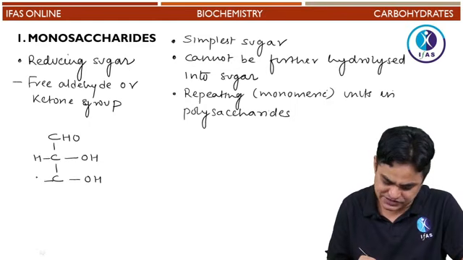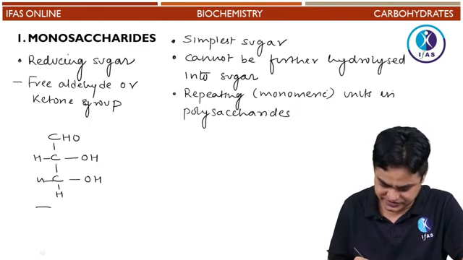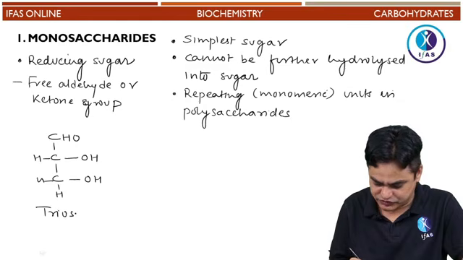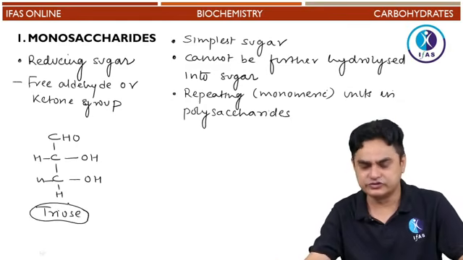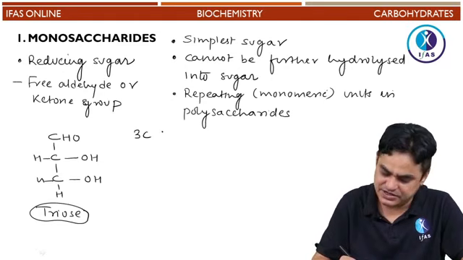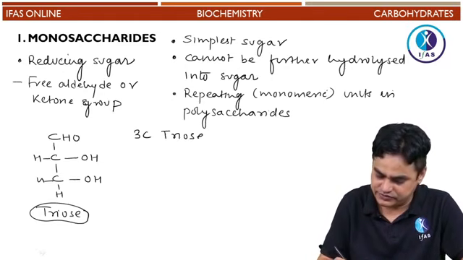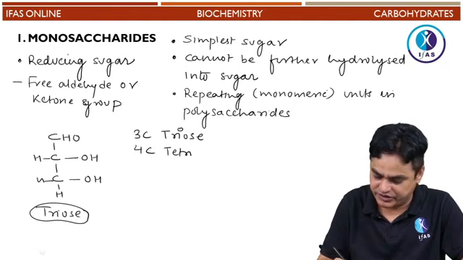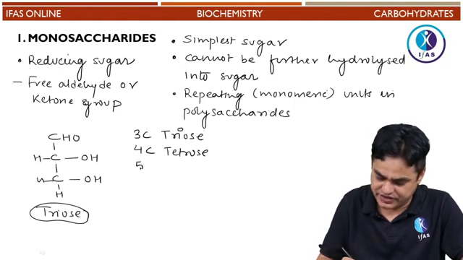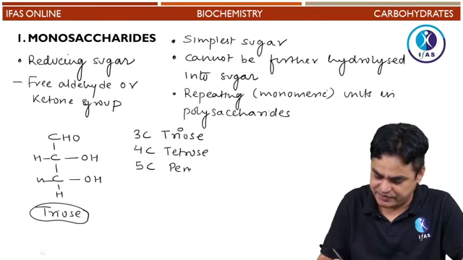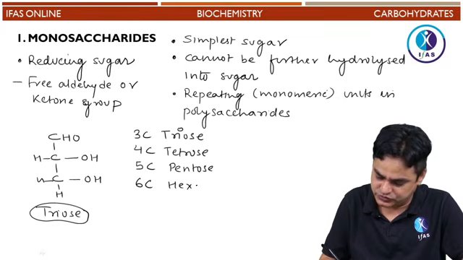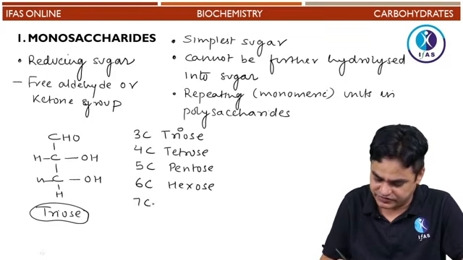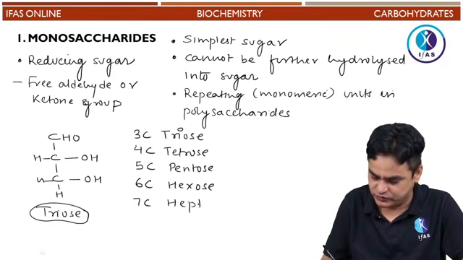So the simplest carbohydrate possible is triose. If monosaccharides are of 3 carbons, they are referred to as triose; 4 carbons, tetrose; 5 carbons, pentose; 6 carbons, hexose; and 7 carbons, heptose, and so on.